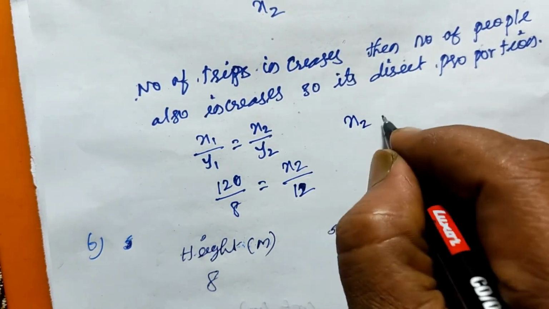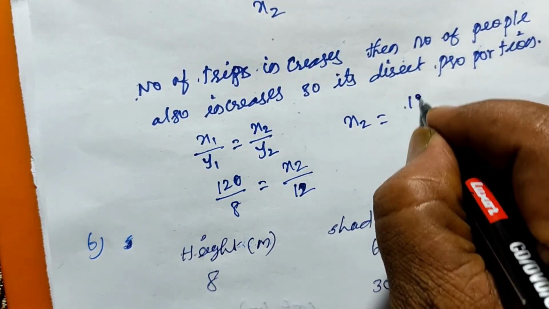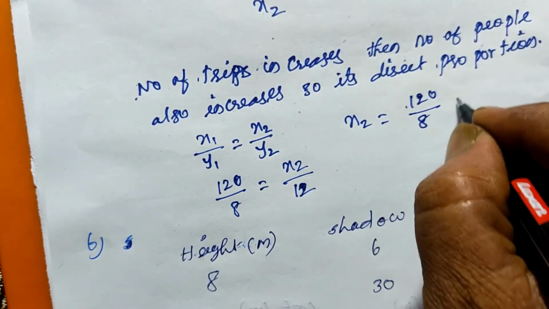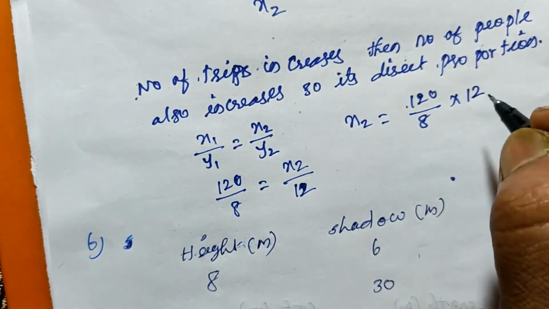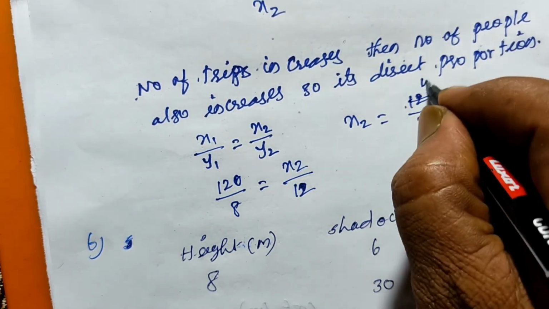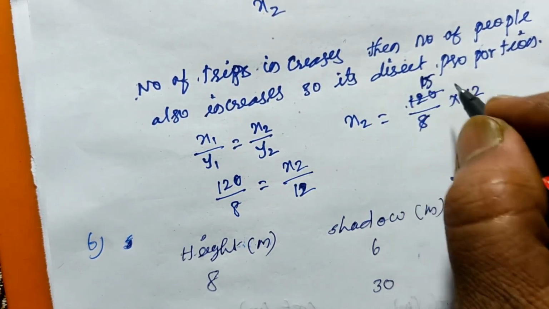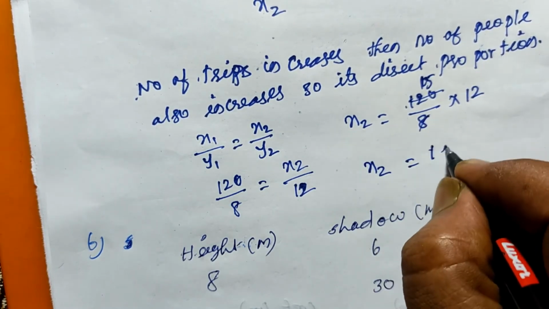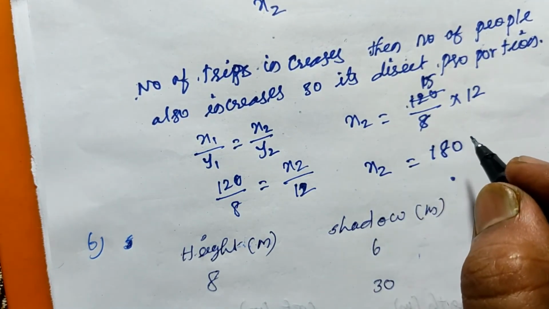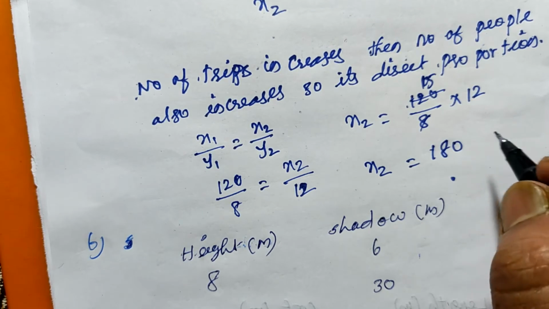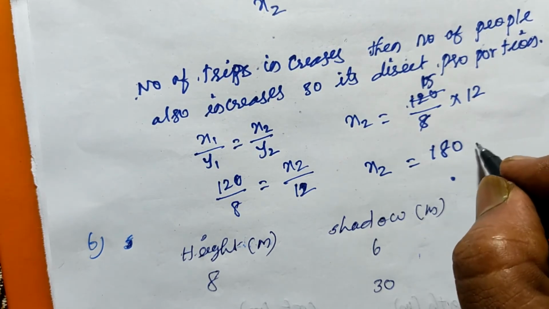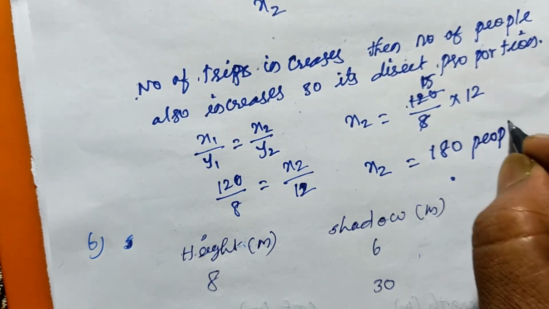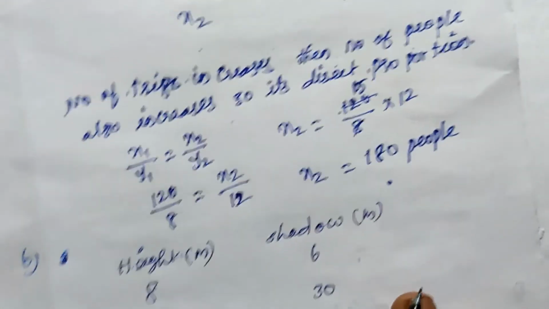So x2 equal to 120 divided by 8 into 12. If we work it out, 15 times. So x2 equal to how much? 180. 180 people. You are able to understand?